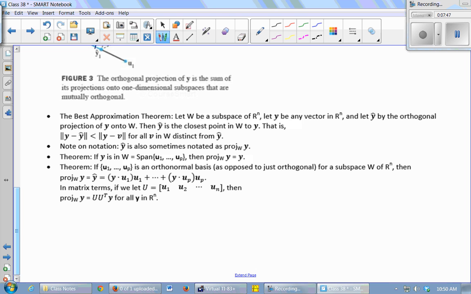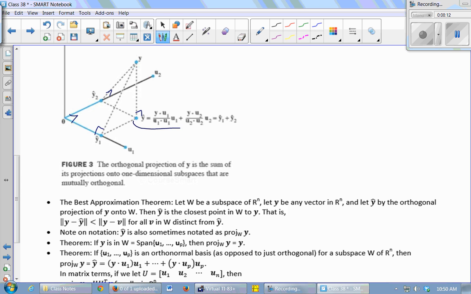And one more theorem. If U1 to UP is an orthonormal basis as opposed to just orthogonal, meaning it's orthogonal and all the vectors have length 1, then the projection of Y onto W is the same formula. It's just that U1 dot U1 is always 1, right? The denominators go away.